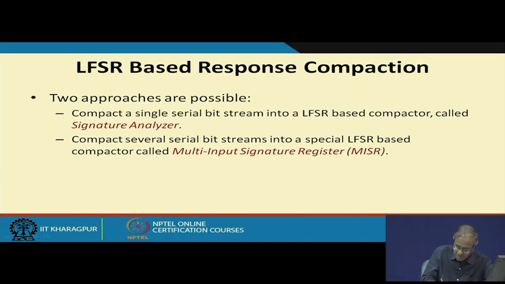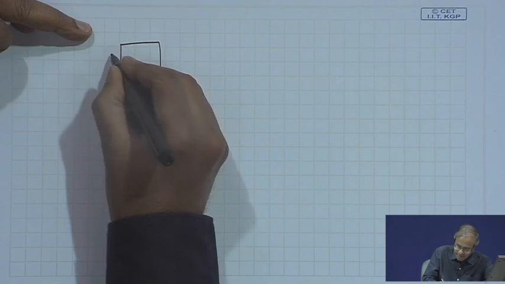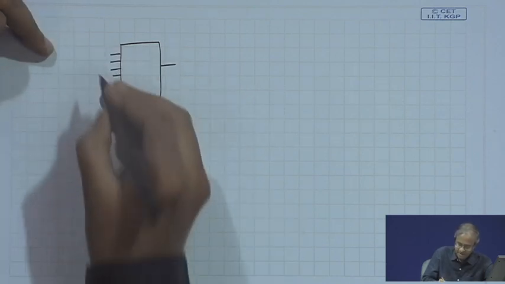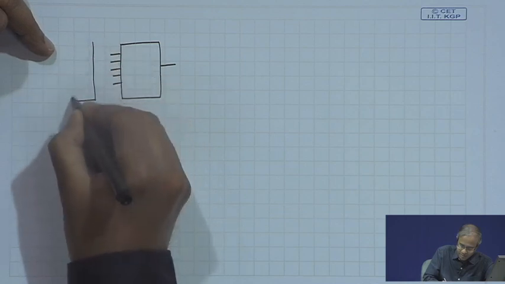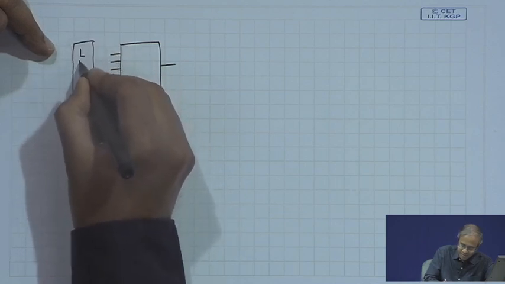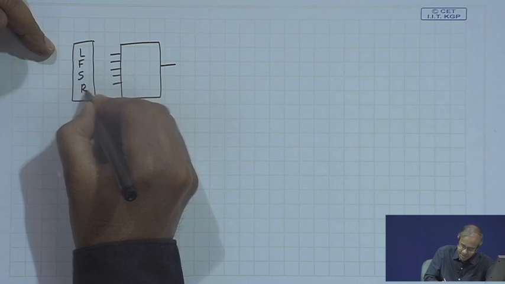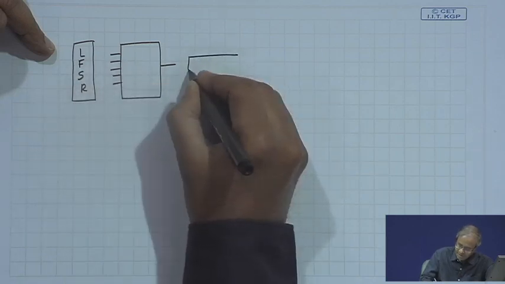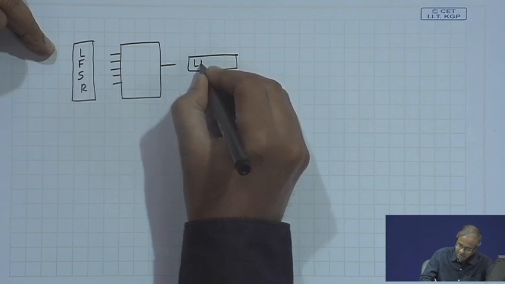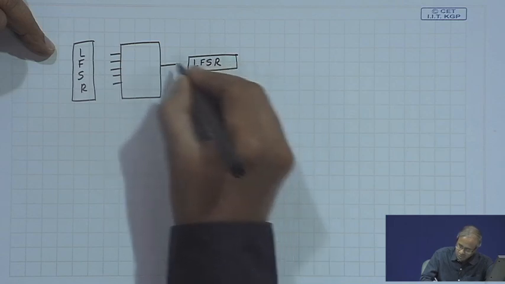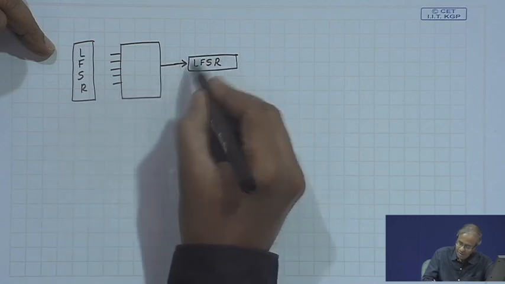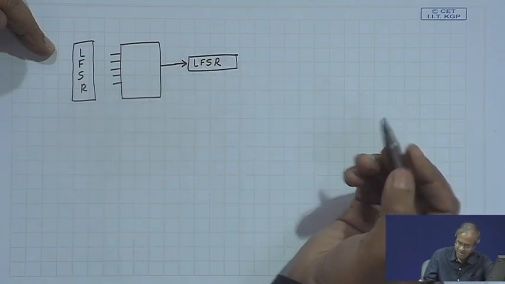Suppose you have a circuit, there are multiple inputs, but a single output, let us say. What I can do at the input side, I can use an LFSR to generate some random patterns and feed it here, and on the output side I use a special kind of LFSR which will accept serial data from here, and it will do the compaction here.